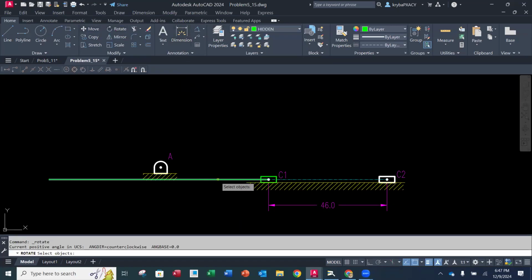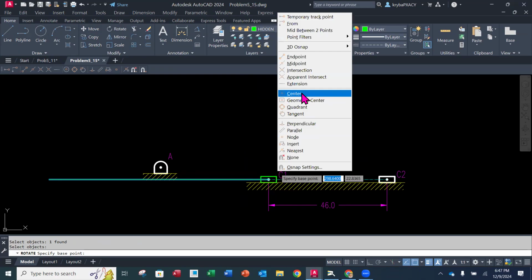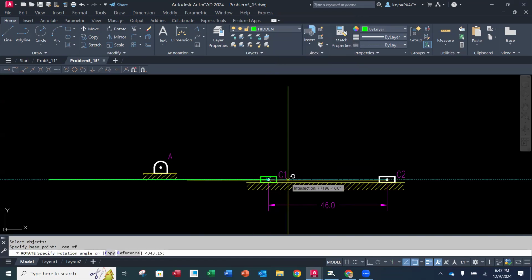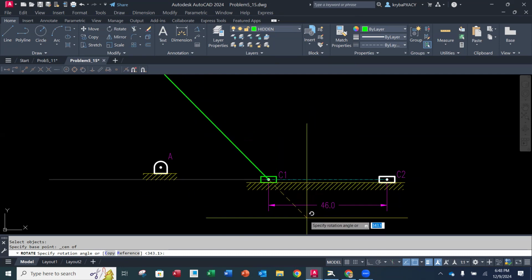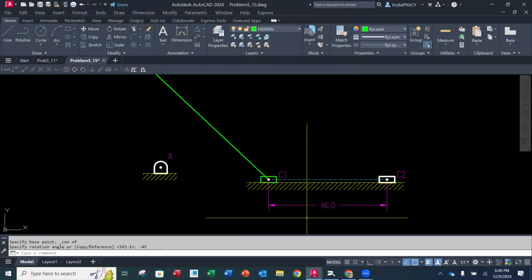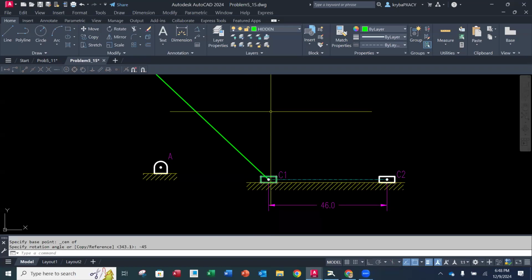I'm going to select my line. The center point is going to be the center. Make sure you get the right center here, right there. Now I'm going to rotate it from where it was in a clockwise direction, so this is going to be negative 45 degrees. Remember, this is that theta M that you could set to 30, 40, whatever it might be. 45 is a good place to start.